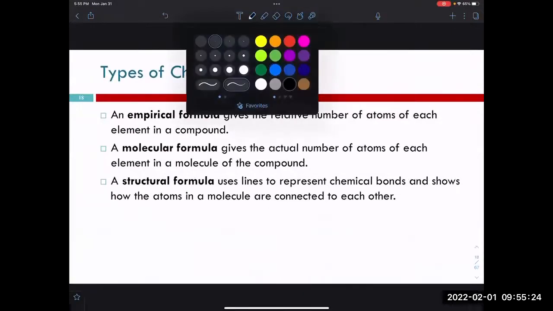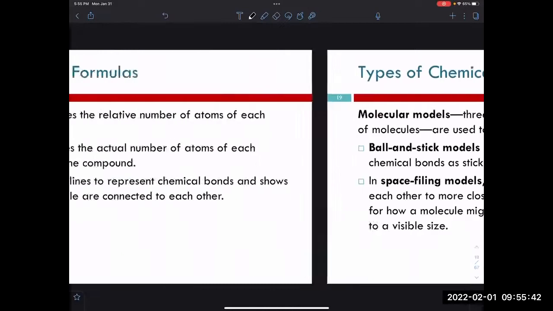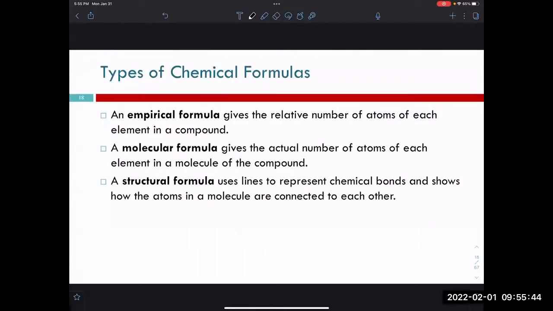We have a few different types of chemical formulas. There's what's called the empirical formula, which gives the relative number of atoms of each element in a compound. Let me go over all 3 of these definitions, and then I'll give you a few examples of how these are different.